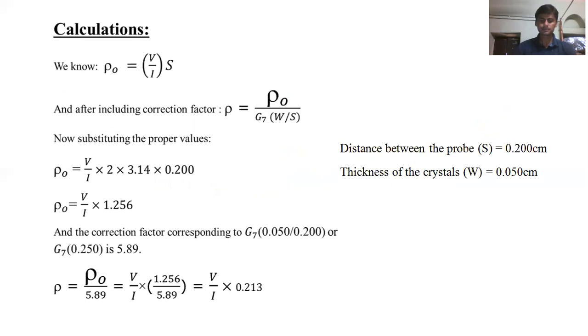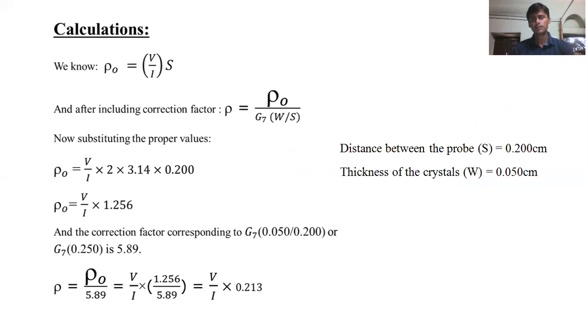Next, calculation part. For semiconductor, the resistivity rho equal to V by I into S. S is the circumference. Then after including the cross section factor, rho equal to rho naught by G7. What is G7? G7 is the correction factor. Why do you take this correction factor?